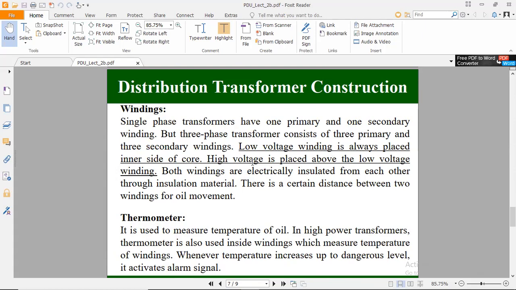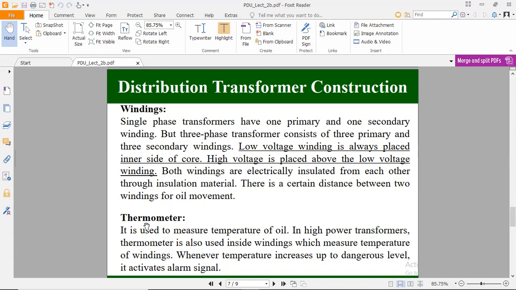Low voltage winding is always placed on the inner side of the core, and high voltage winding is placed above the low voltage winding, which means the outermost winding is the high voltage winding and the innermost winding is the low voltage winding. Both windings are electrically insulated from each other through insulation material. There is a certain distance between the two windings for oil movement.